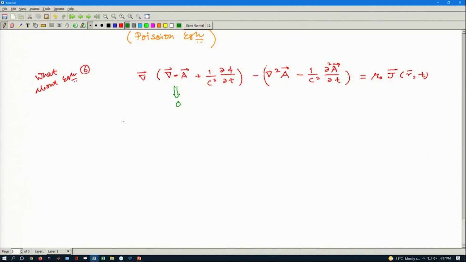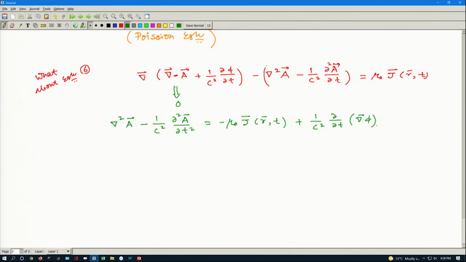We eventually have the equation: divergence of the gradient of A, I am writing this part, minus 1 by c square d2 A dt square, and in the right hand side I should have minus of mu 0 J(r,t), and then plus of 1 by c square del t of the gradient of phi.